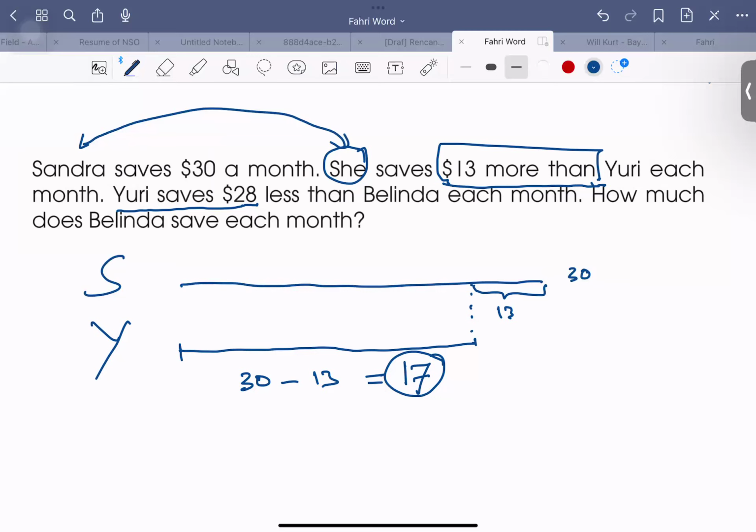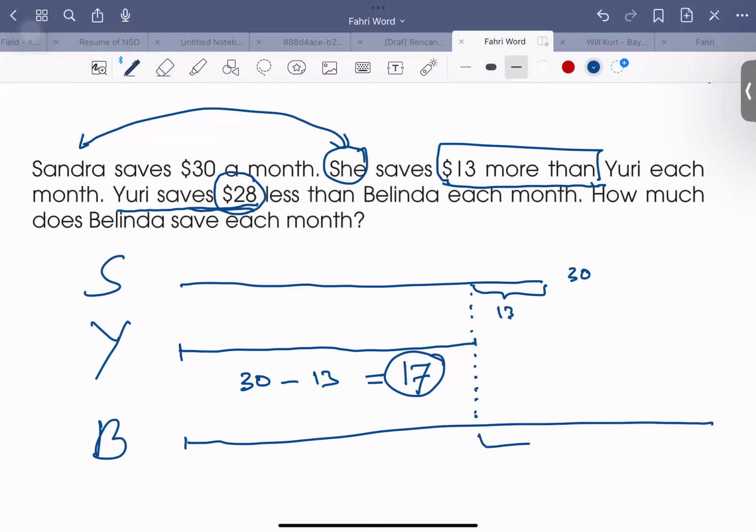So what does this mean? Does Belinda have a shorter line or longer line? Longer. Belinda has a longer line, of course. And the difference is $28, and this one is $17.